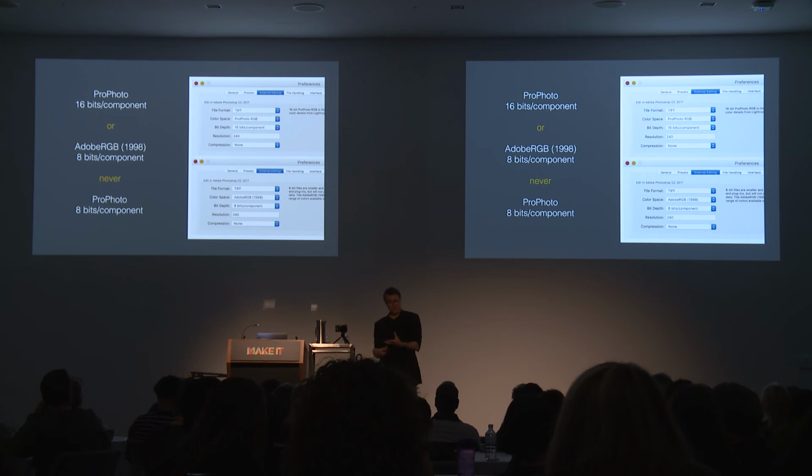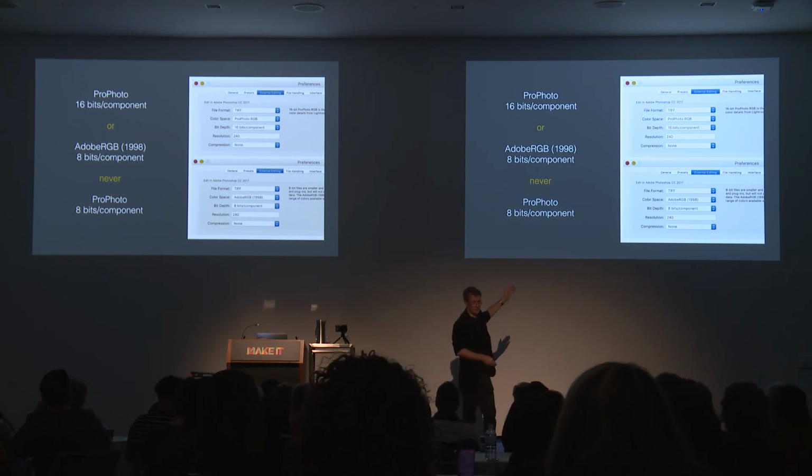If your workflow doesn't do that, if you've edited in Photoshop and you save it to the desktop from Photoshop, I would warn you that Pro Photo is a minefield, that you can wreck your images using Pro Photo.